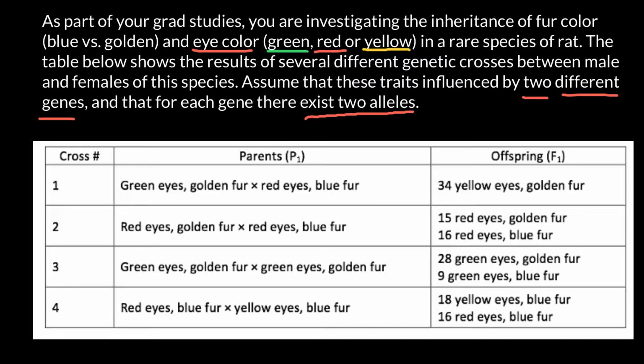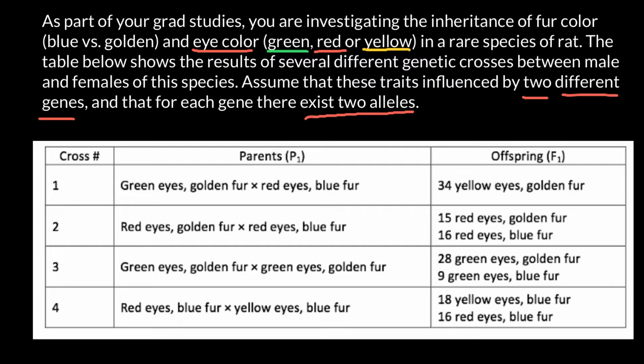How is it possible that two alleles produce three phenotypes? This is possible if we have incomplete dominance. One of the alleles would be incompletely dominant over the other allele, and in this case we would see three genotypes and three phenotypes.